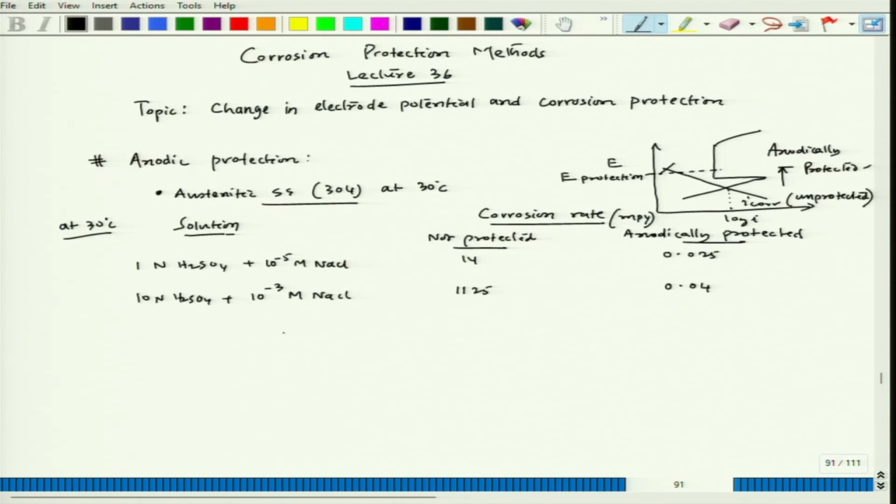So, generally when we talk about MPY, if we know the current density I core, that is multiplied with the atomic weight. Or let me put it with units: I core, which is ampere per centimeter square, into the atomic weight in terms of gram, then I can put n F rho. Okay.